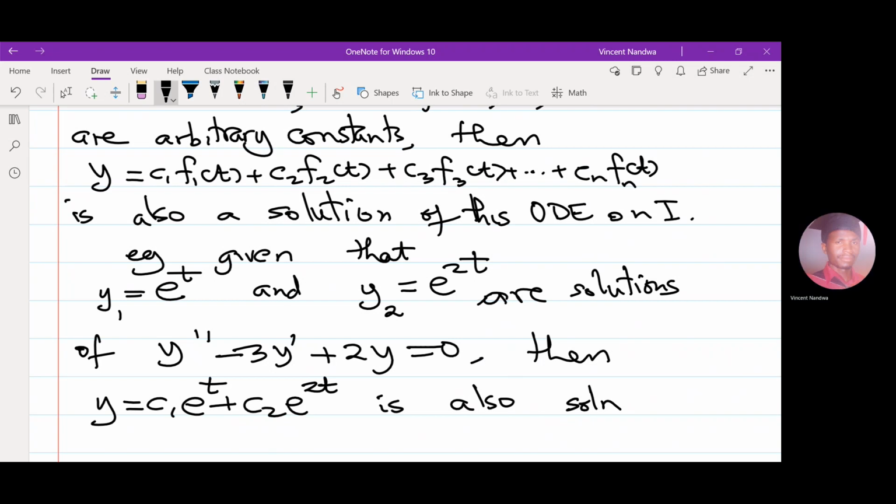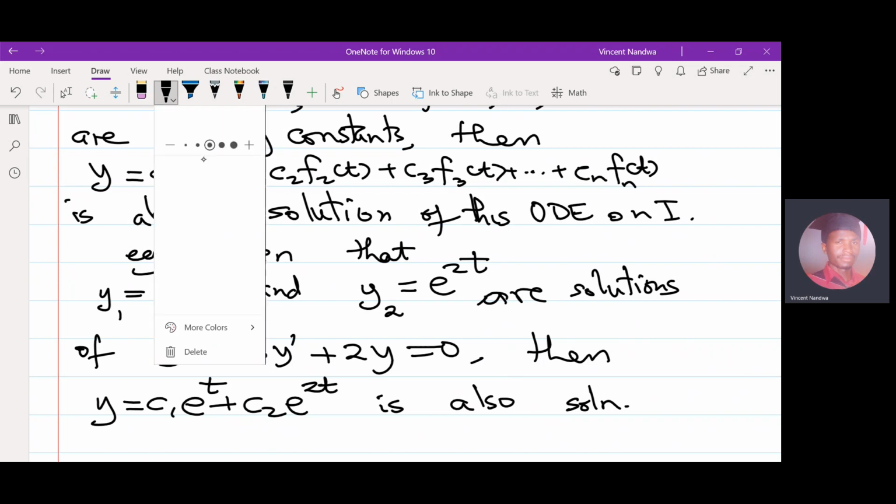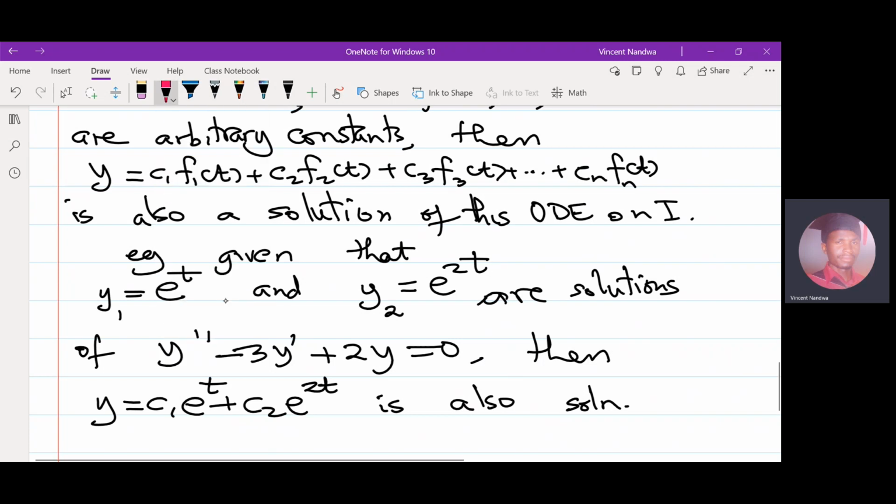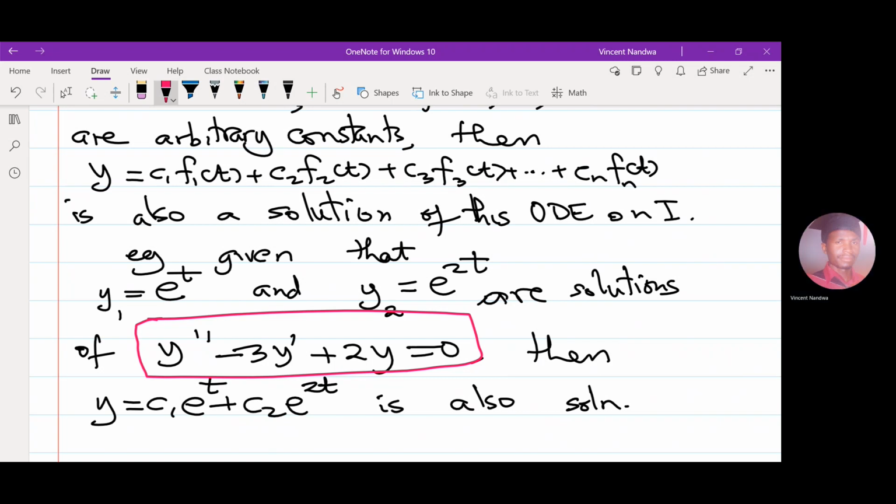There's no problem. If this question is given to you and they ask you to solve it, which we are going to see shortly, you can decide to either use t or x.